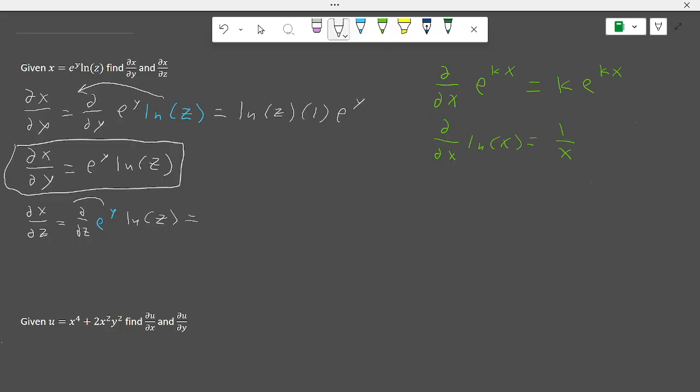So we will move this e to the y to the outside and then just take the derivative of the natural log of z. So we'll get e to the y times 1 over z. What we're left with is the partial derivative of that function x with respect to z is equal to e to the y over z.